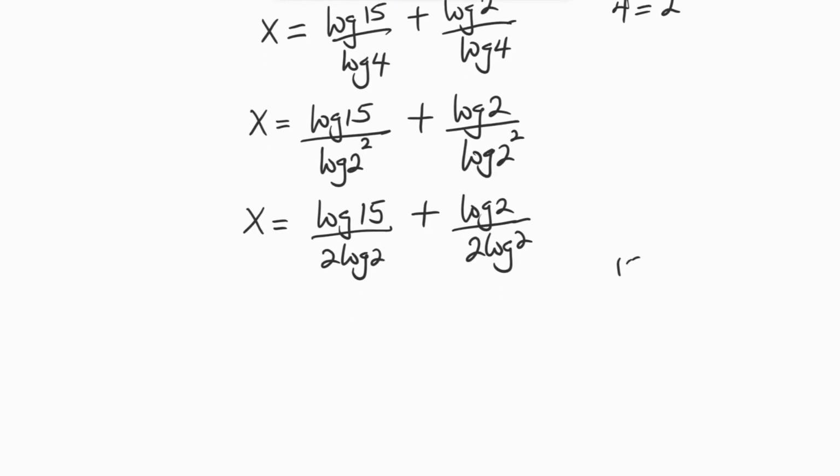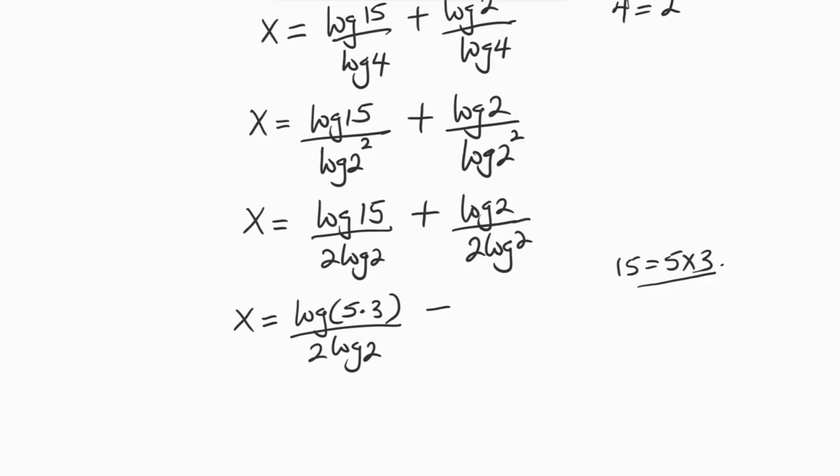Now 15 is the same thing as, we can rewrite that as 5 times 3. So our x becomes log of 5 times 3 divided by 2 log of 2 plus, we have log of 2 here at the numerator, and we also have log of 2 at the denominator.